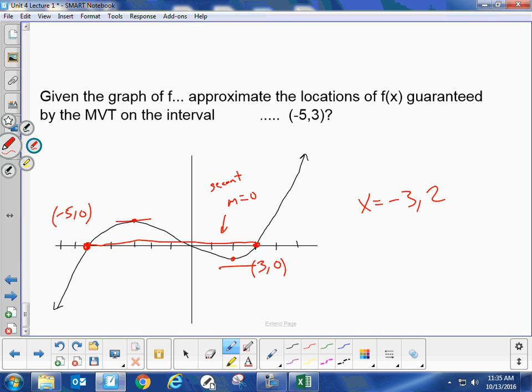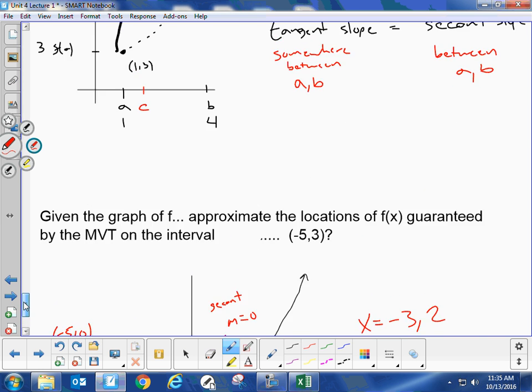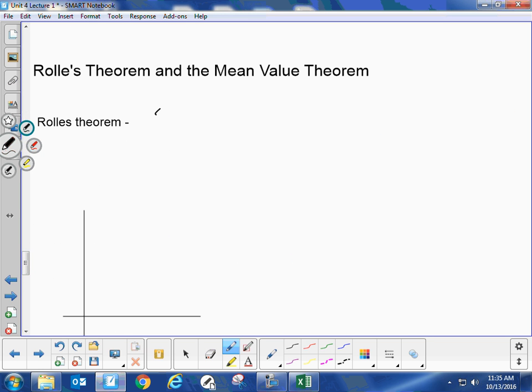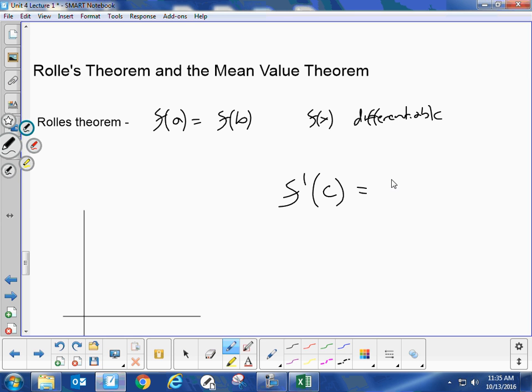Now, in this situation where the 2 points have the same y value, this is an extension of the mean value theorem called Rolle's theorem. Rolle's theorem is if f of a equals f of b and f of x is differentiable, then we know that our tangent slope at C will equal the secant slope, but our secant slope will just equal 0.